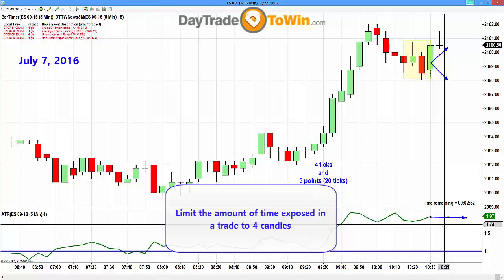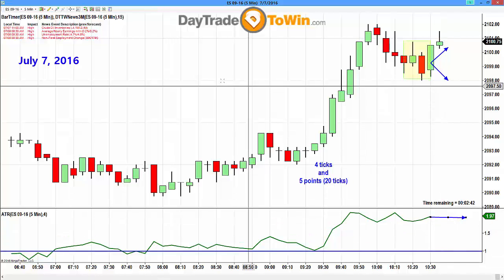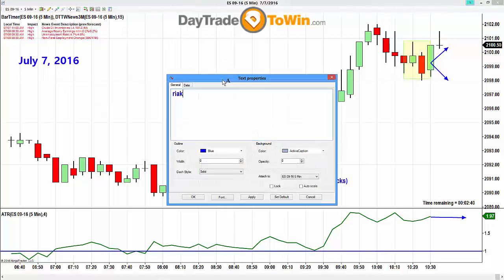Let's talk a little bit about stops as well. When you look at a stop, most, if not everyone, wants to lose the minimum amount of money possible with the smallest amount of risk. So risk here is very important. Risk is defined by a lot of different people in different ways.